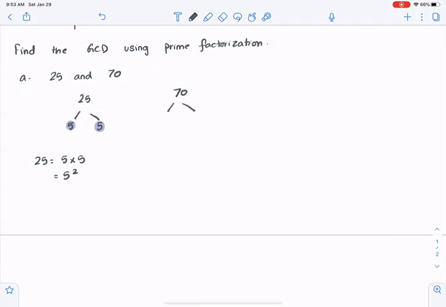70. Want to come up with the smallest prime that would divide 70. We know it ends with 0, so 2 will divide 70. So 2, and I have 35. Now I want to come up with the smallest prime that would divide 35. 5 will divide 35, and I'm going to pick 5 because the last digit is 5.